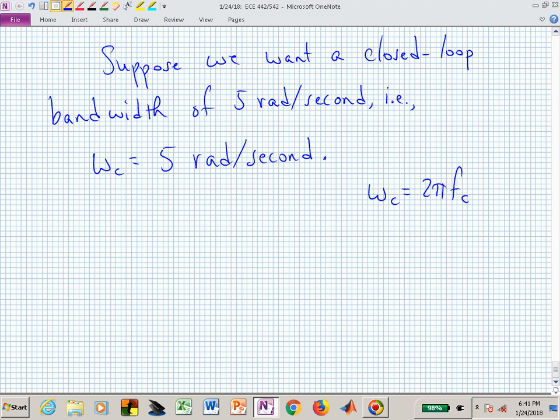Omega sub c is 2 pi f sub c, or f sub c is now omega sub c over 2 pi, and 2 pi is bigger than 6. It's 6.28. So this is now going to be 5 over 2 pi, which is a little bit less than 1.